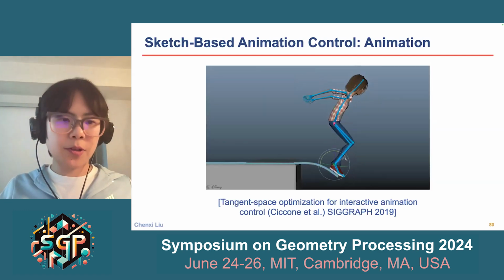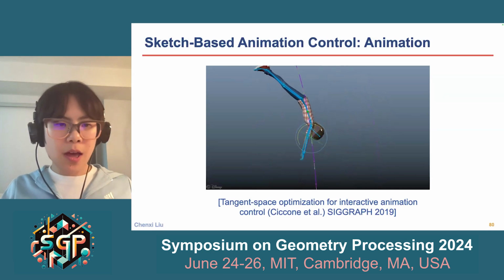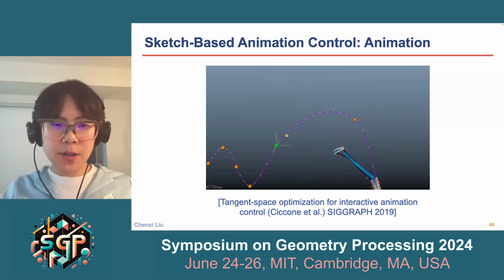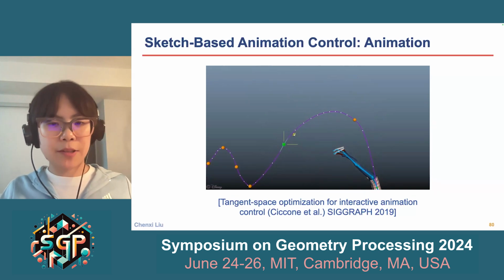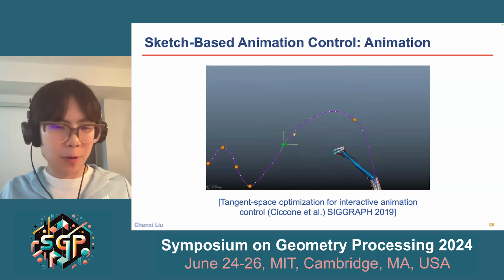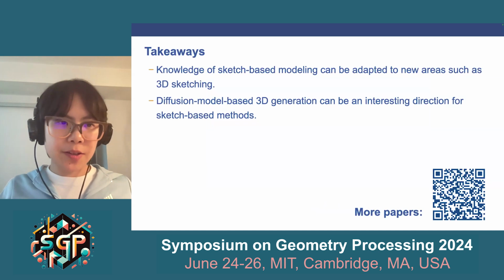And this is a newer work which offers even more articulated control. As shown in this video, this is integrated into animation software, and the artist can change the interpolation along the guiding curve.